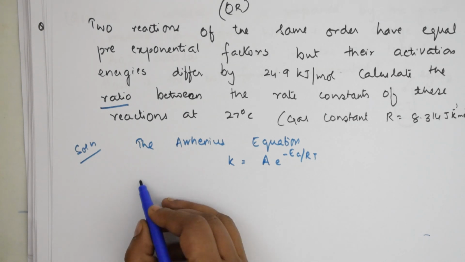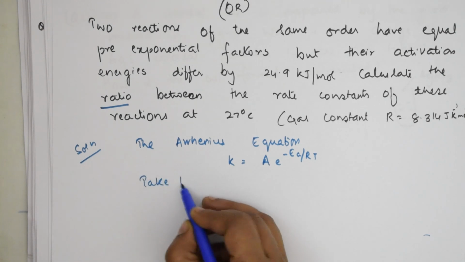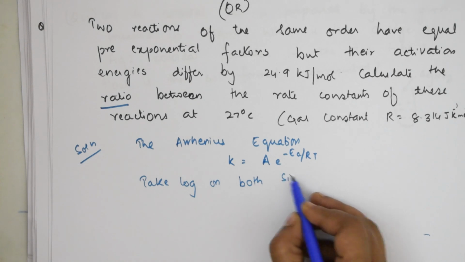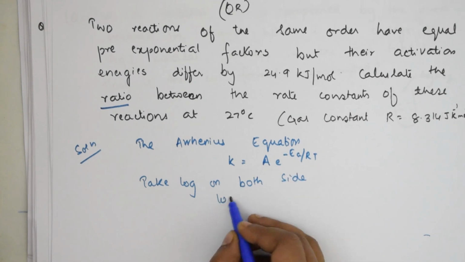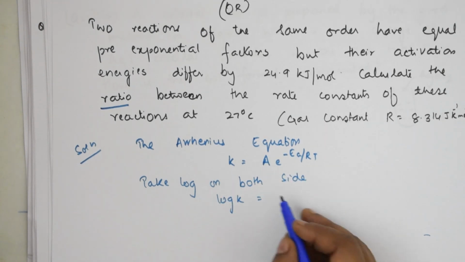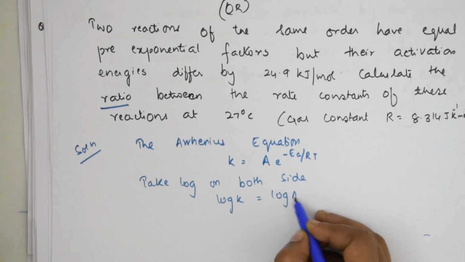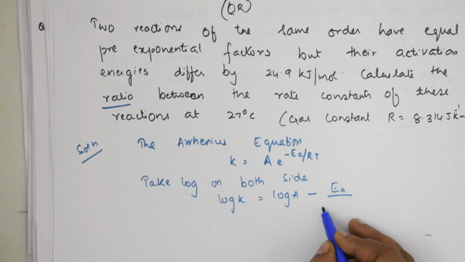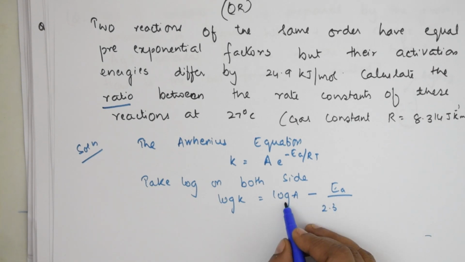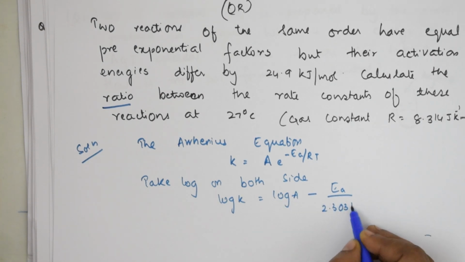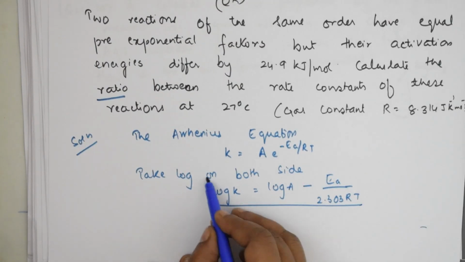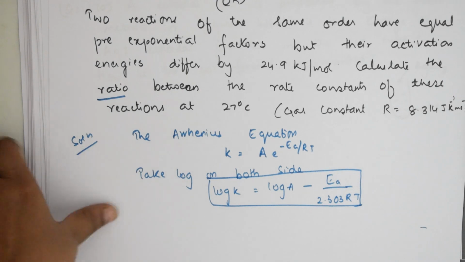Now first of all, before that, you will take log on both sides. When you take log K, log A, minus Ea by 2.303 RT, because you're converting into log, you multiply with 2.303 RT. Now I have got one formula here.